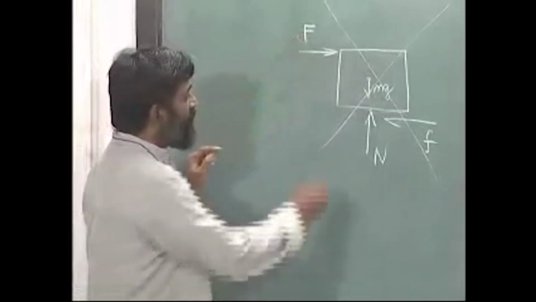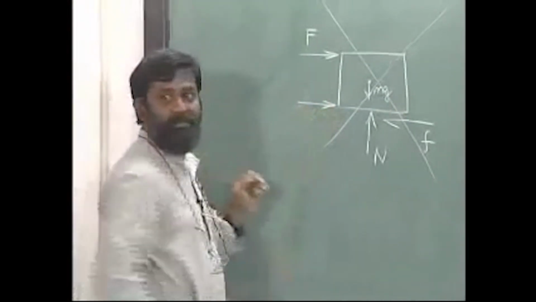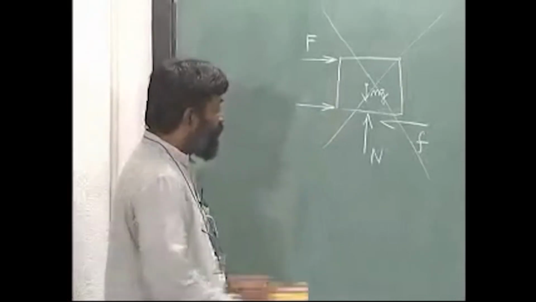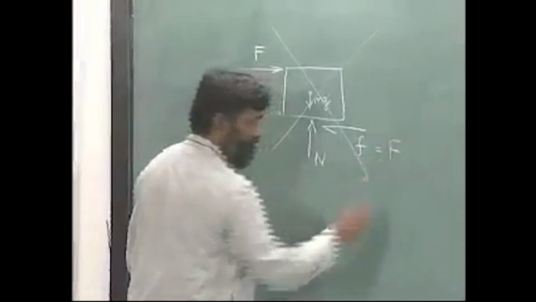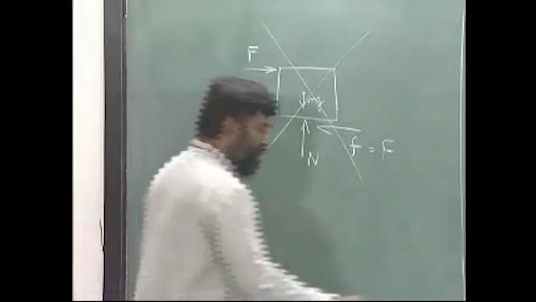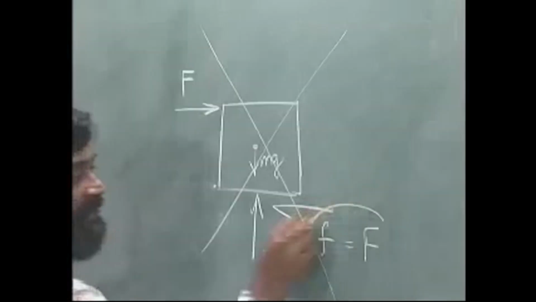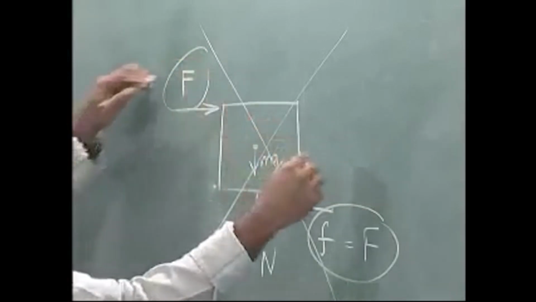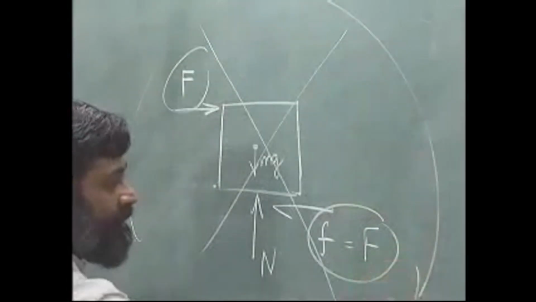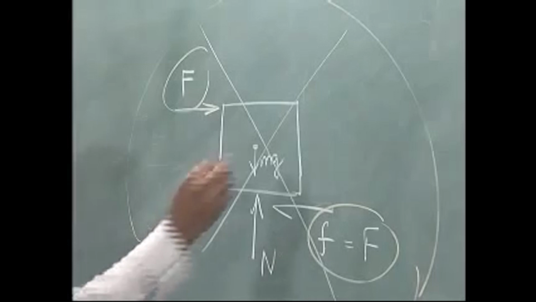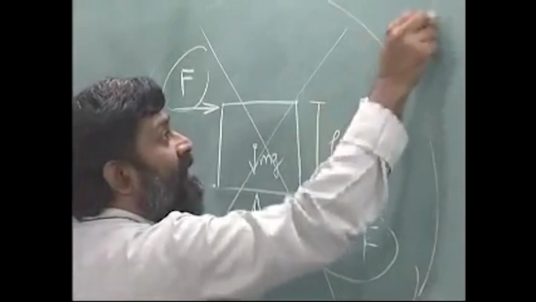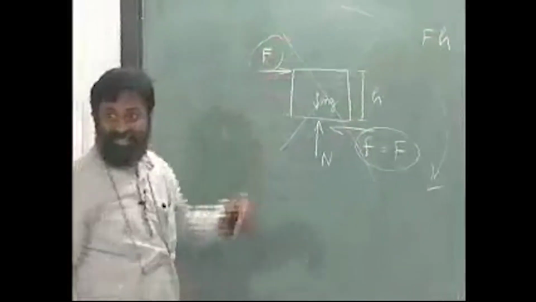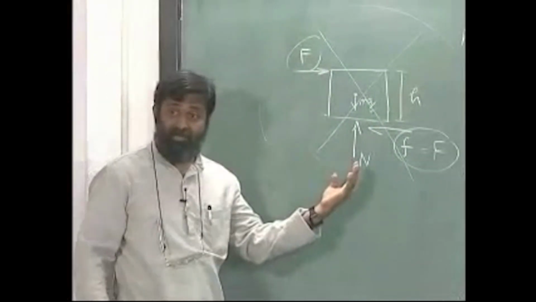Unless this force is over here, you will see what is this equal to? This is equal to capital F, which means this and this form a couple which is like this. This is the height h. F times h is a couple that is acting. Where is the resistance to that couple?